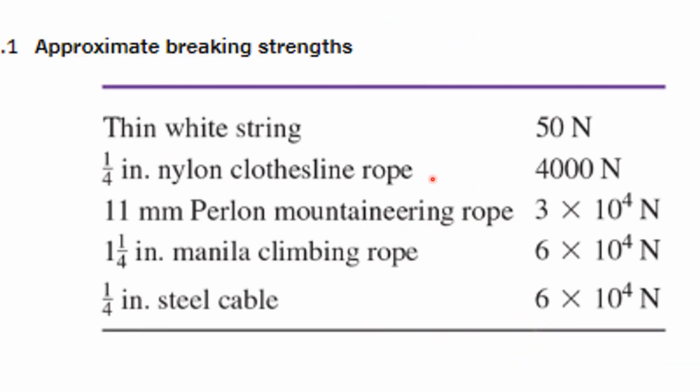Now, when we're having ropes or different kinds of materials holding things up, there are breaking strengths of these. If you have a thin white string, that can be broken reasonably easily with a 50 newton force. If it is a nylon clothesline rope, it is much stronger.